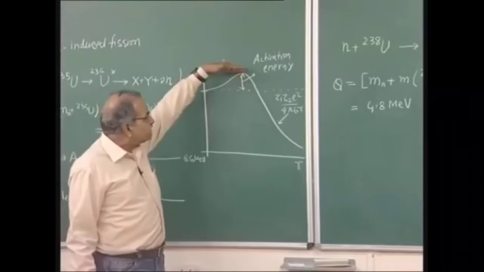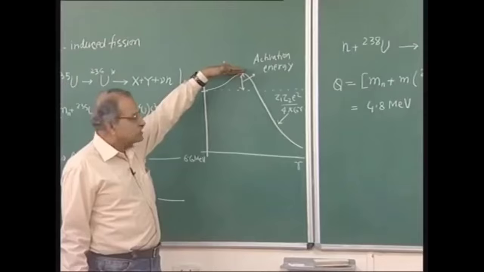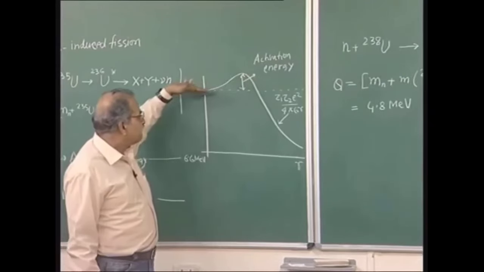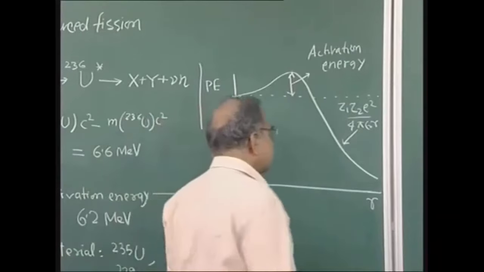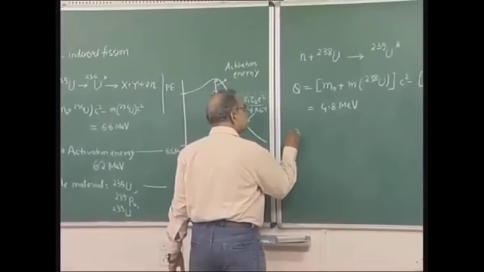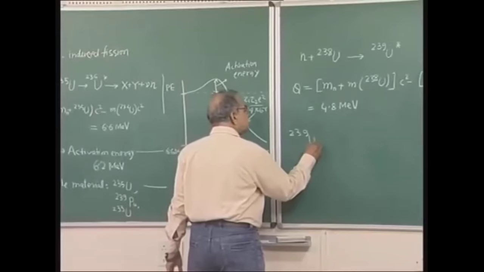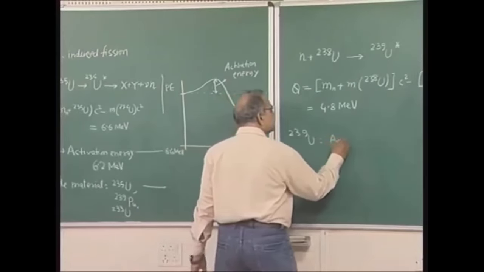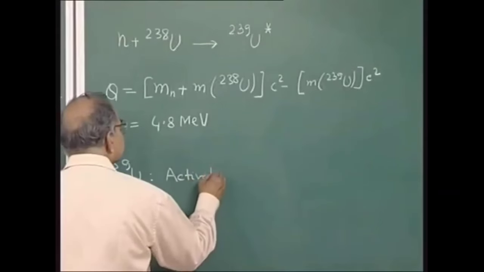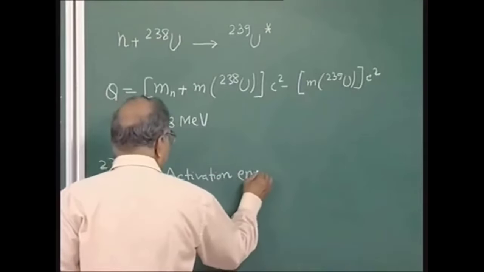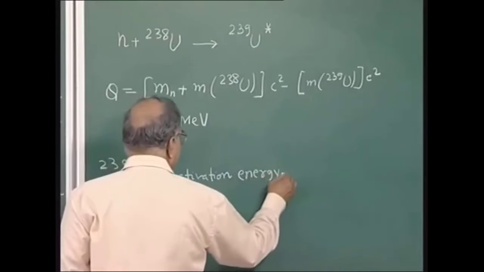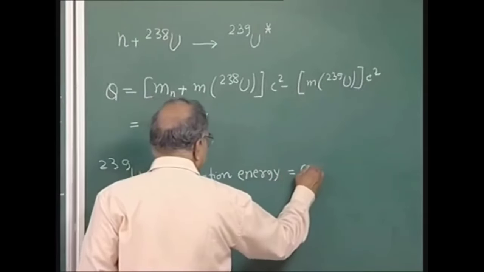The maximum height of this potential energy curve above the ground state energy for uranium 239, this activation energy, rather this will be higher, something like 6.2 MeV.